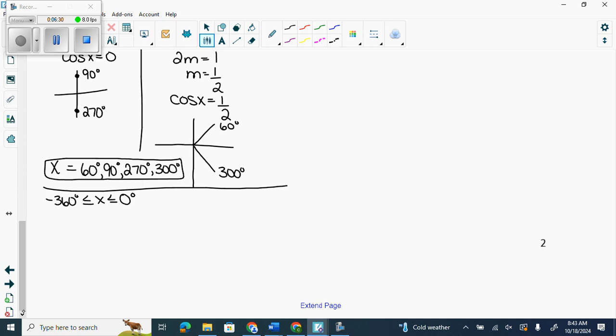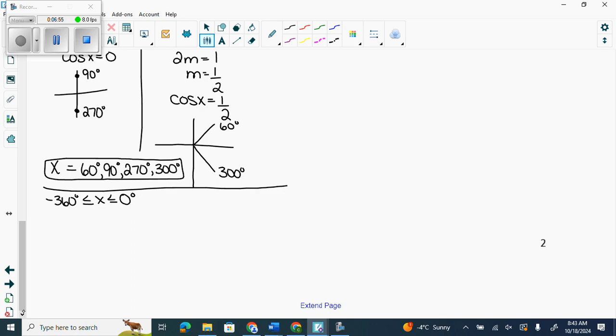Now what do I just do? Yeah, minus what from them? 360, because I just need to get their coterminals that land between 0 and negative 360, right? So I don't do the question any different if the domain is restricted weird. I find from 0 to 360, and then I find their coterminals that fit in that actual domain.